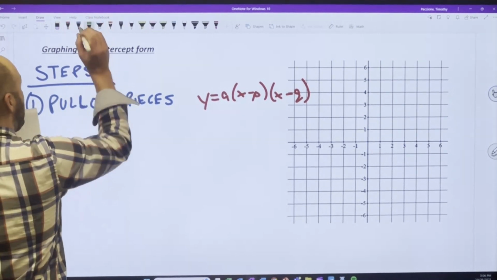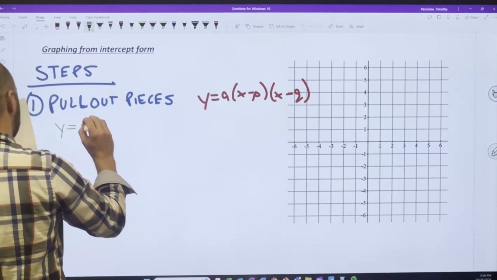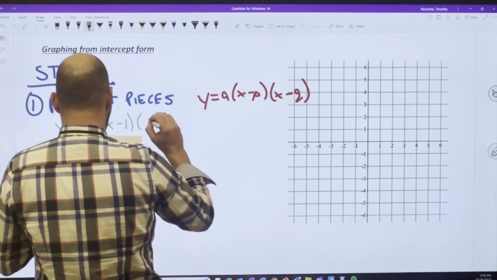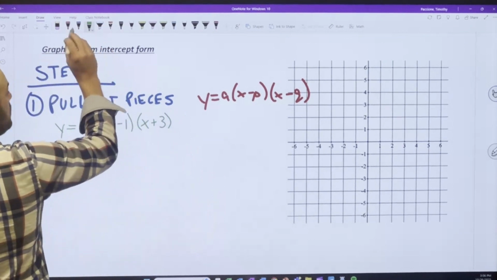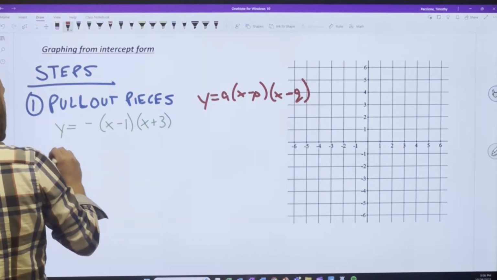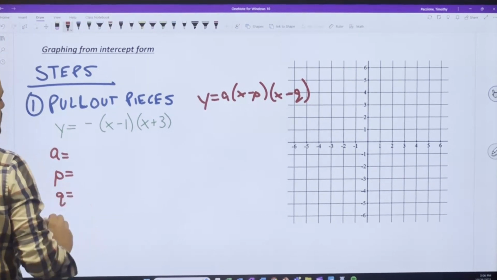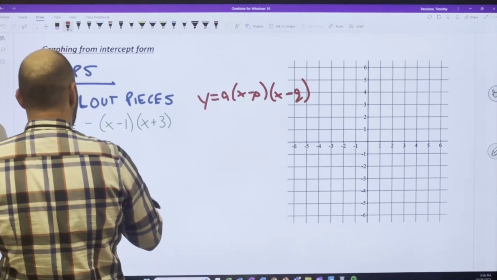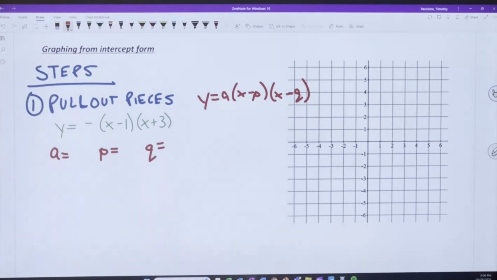Let's say I have the example, y equals negative x minus 1 and x plus 3. And I want to know, what is my a, what's my p, and what's my q?